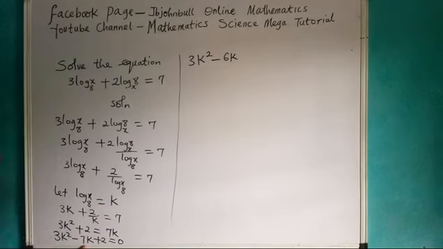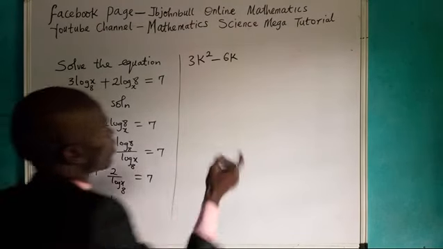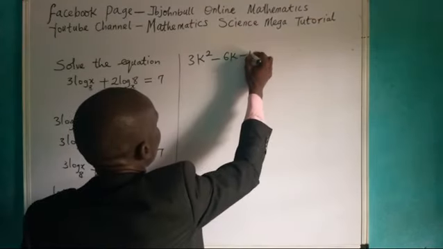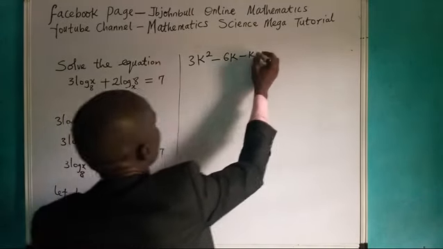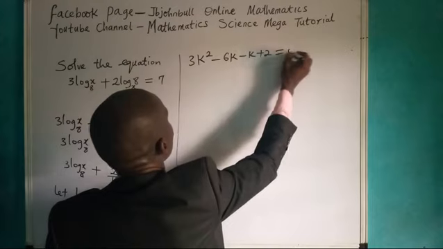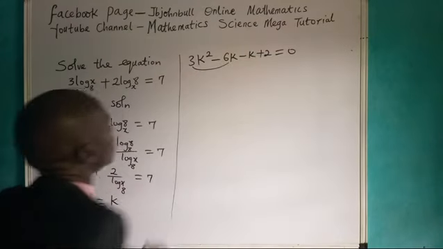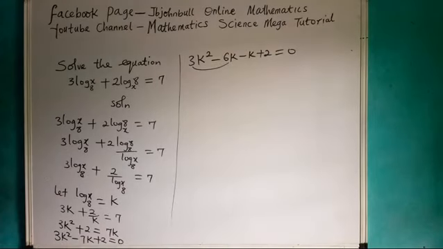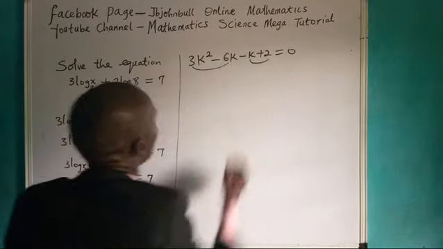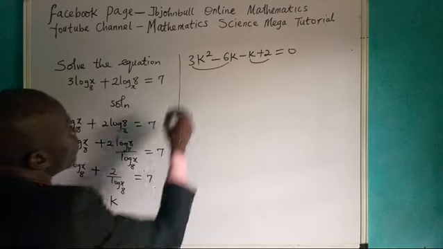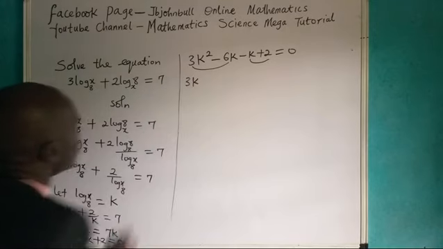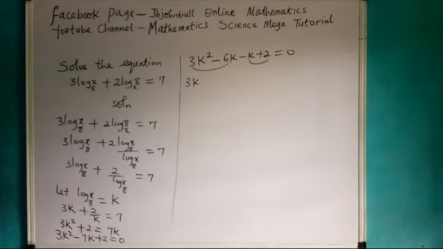It becomes minus 6k, minus, it was minus 1, that one becomes minus k plus 2, equals 0. Now I can pick the first 2 and factorize. I will also pick the other 2 and factorize. Okay, what is the highest common factor? We have 3k as the highest common factor.